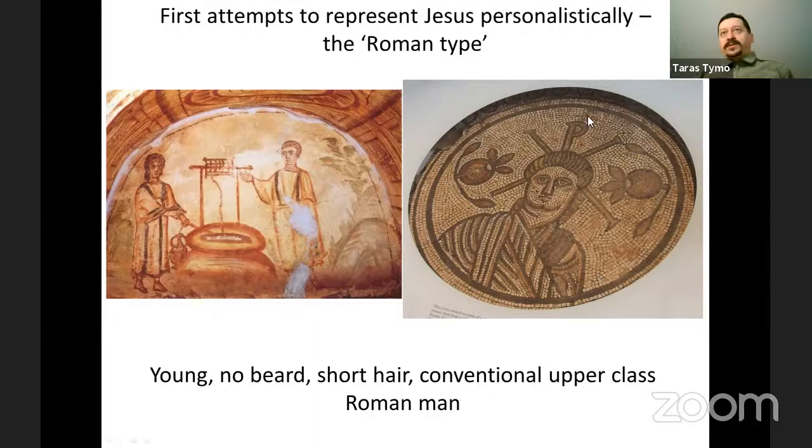It comes from 4th century Great Britain. What unites all those images in the so-called Roman type is that they represent Jesus as an average, kind of stereotypical upper-class Roman man, decently dressed, well shaved, with no beard, or sometimes with a very short beard, and little short hair.